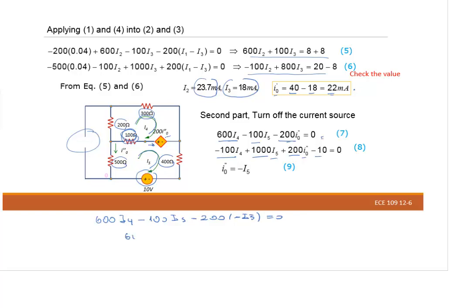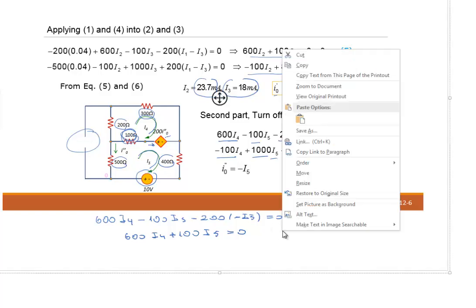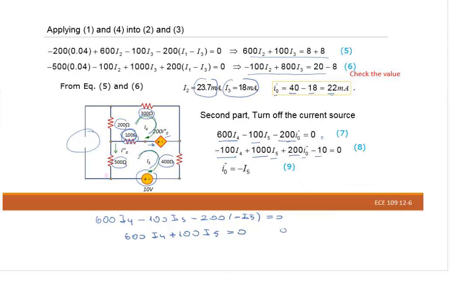This one comes here 600 I4, minus becomes plus, so plus 100 I5 equals 0. This is one of our equations. I'm going to call this one equation 10.